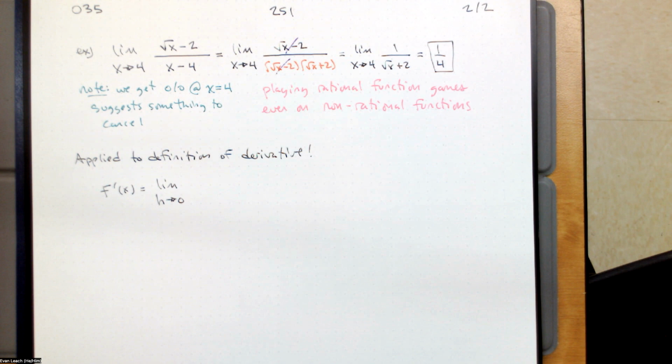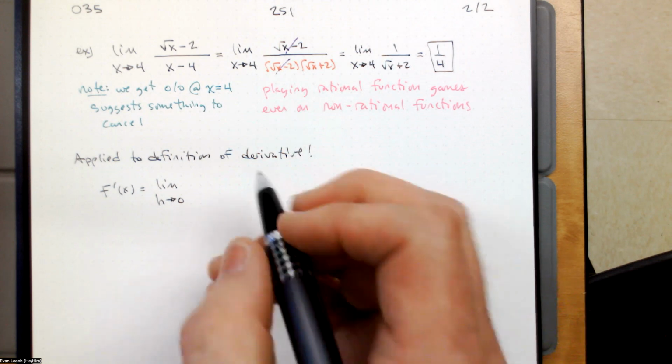So the definition of the derivative is a limit as h goes to 0. And the reason that this is sneaky is that the h appears in the denominator of the expression, which is the slope of a secant line. That's why we can't just plug in 0. It gives us 0 over 0. It's exactly what we've been talking about.